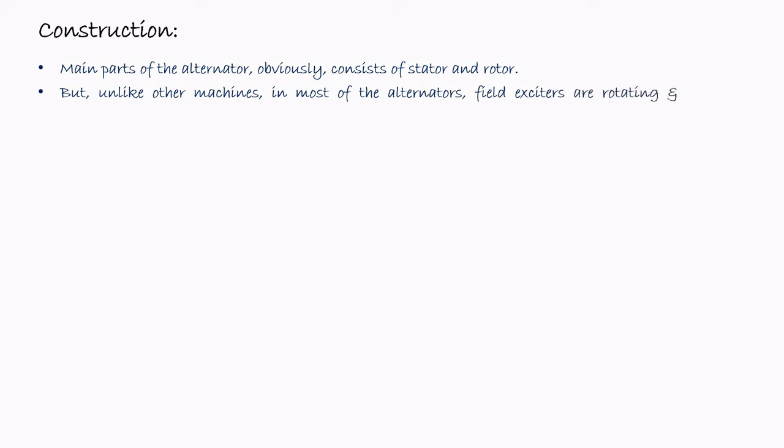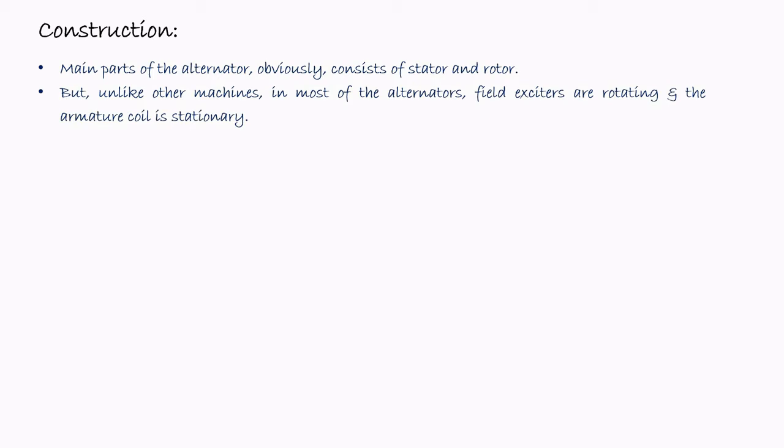But unlike other machines, in most alternators, the field exciters are rotating and the armature coil is stationary. That means in a synchronous machine, the armature winding is always placed in the stator and the field windings are placed in the rotor.